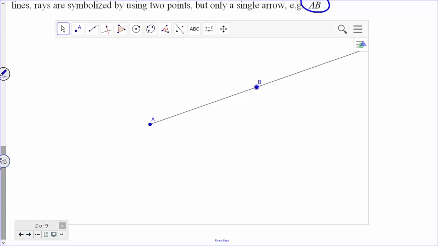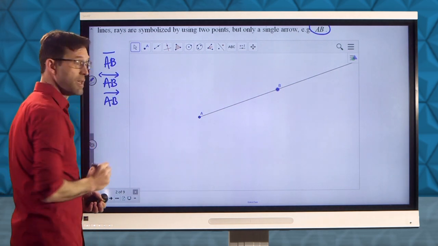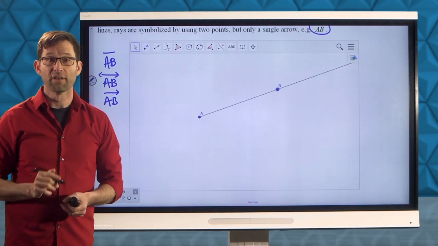And again, important distinction. There's really 4 things now that could be a little bit confusing. You've got a line segment with a single bar, no arrows. You've got a line, same thing, 2 letters, but then a double arrow. And then you've got a ray, same thing, 2 letters, but a single-ended arrow.